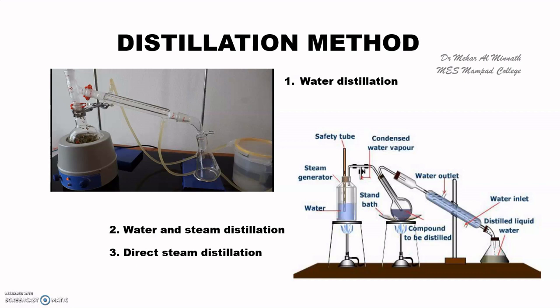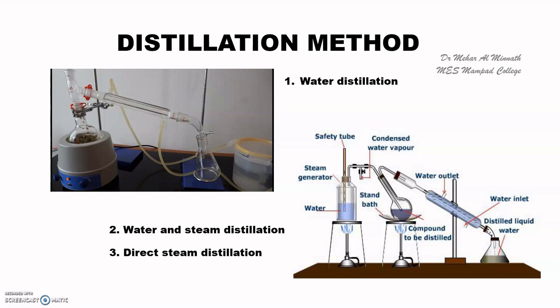So the plant material is placed above the water in a perforated grid. That is what is done. So here the plant material and the boiling water do not come in contact with each other. The same case is for direct steam distillation also.